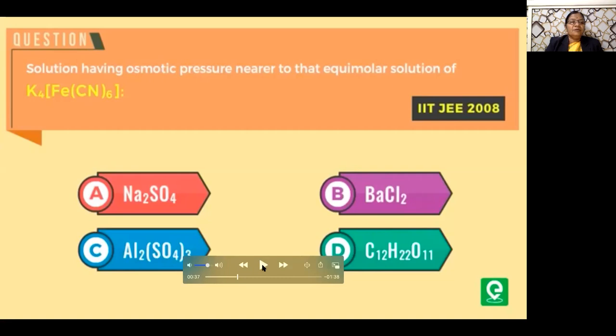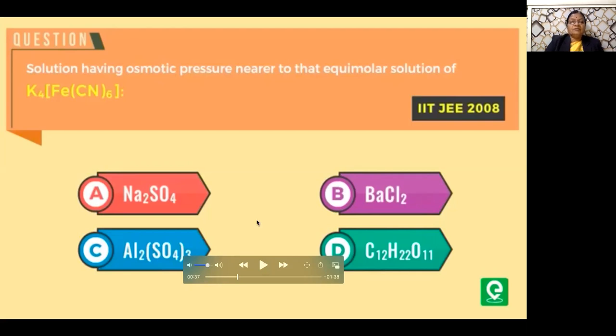So can you guess which is the answer? Read the question first. Solution having osmotic pressure nearer to that of equimolar solution of K4[Fe(CN)6], that is potassium ferrocyanide. Now the options given are sodium sulfate, barium chloride, aluminium sulfate and C12H22O11, that is cane sugar.